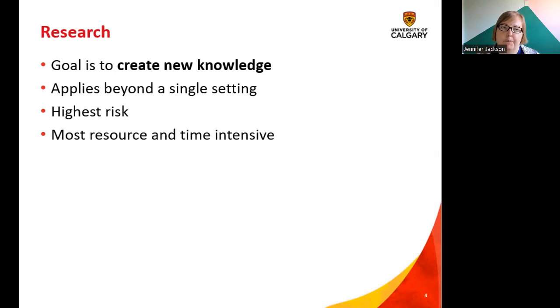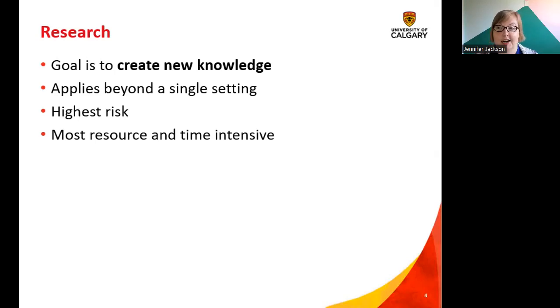So, you might be looking at the experiences of refugee women, which wouldn't necessarily be generalizable to a whole population, but you could use that knowledge to support refugee women in other places. So this is bigger than a single ward or unit or hospital or health organization, and it's designed to transcend context.